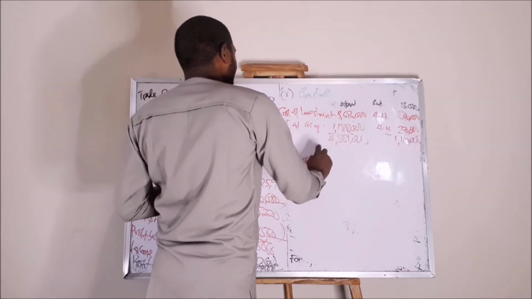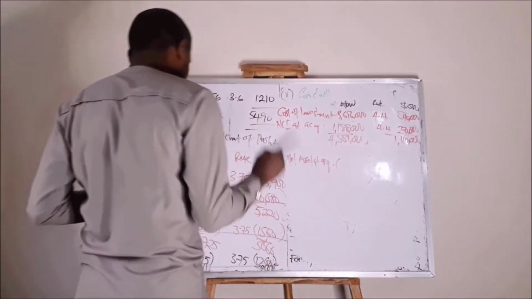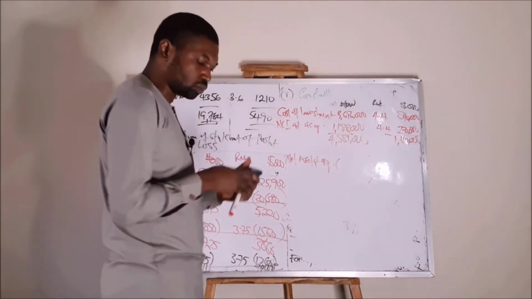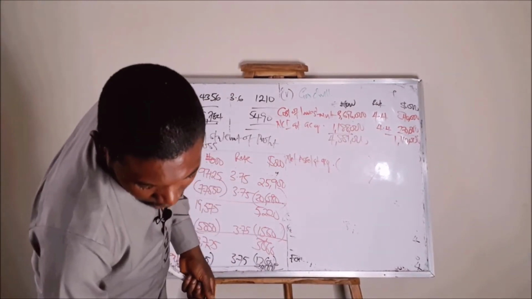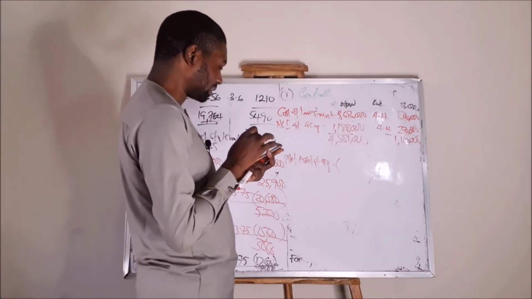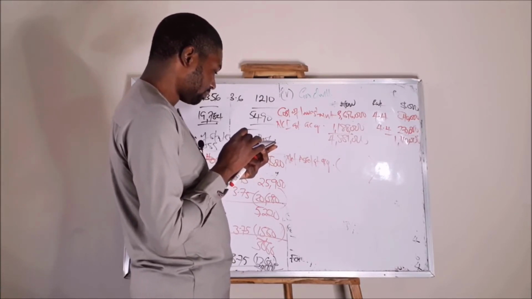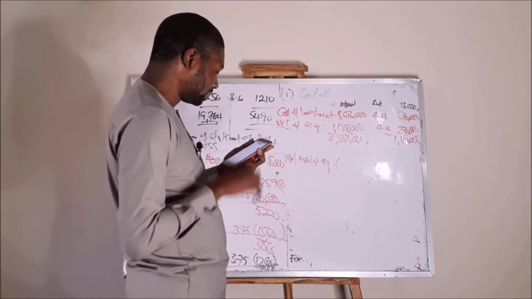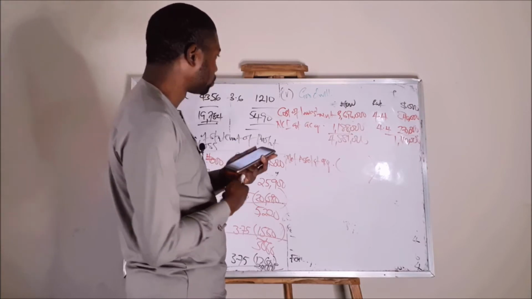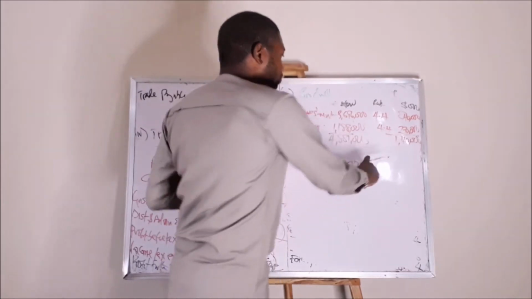The net asset of subsidiary as at date of acquisition. Remember, in naira. If you go to step 2, you see the net asset of the subsidiary as at the date of acquisition is 4,224. So we also need to convert.